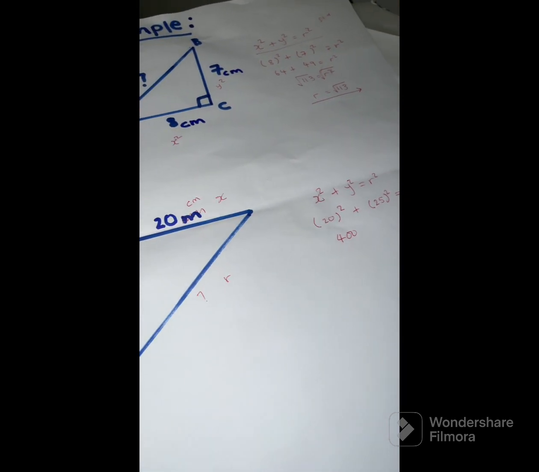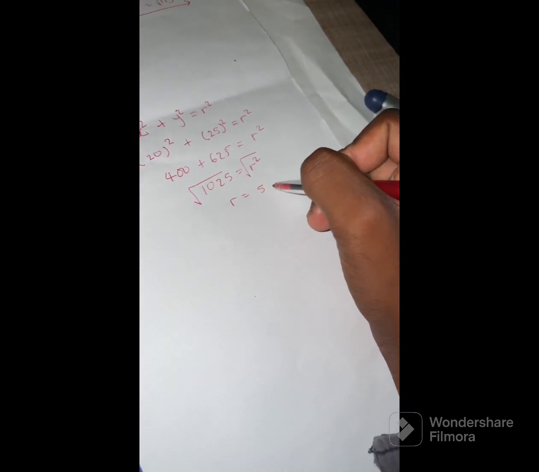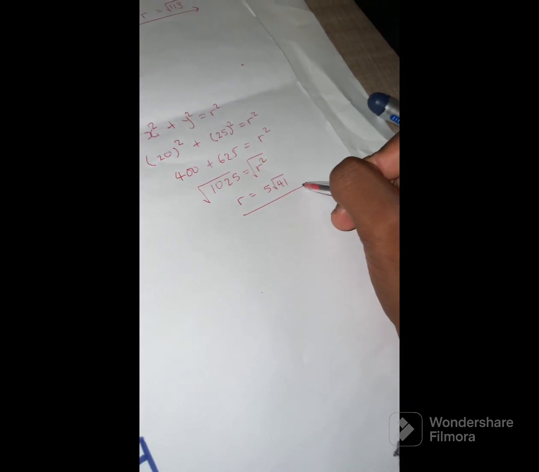And then 25 times 25, 625, is equal to r squared. Then you add the two, it's going to be 1025. Remember guys, we're not looking for r squared, we're looking for r, so we introduce a square root, and then our r is the square root of 1025, which is 5 root 41.